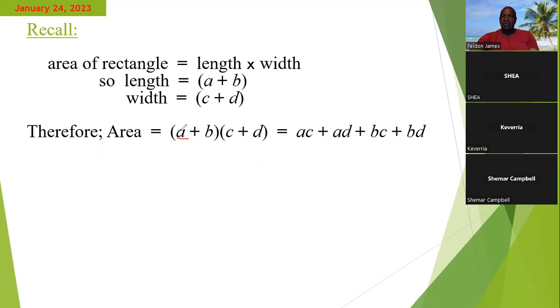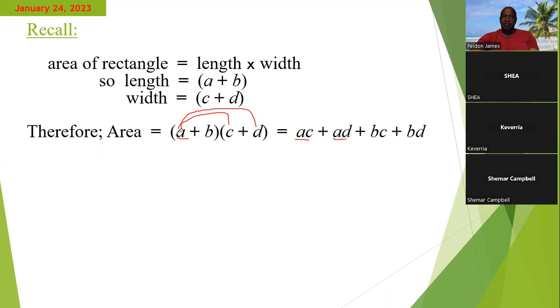So we're taking the A and we're using it to multiply the second bracket. So treating it as though the A was a single term outside the bracket, we would have A times C plus A times D. All right, so A times C simply gives you AC. A times D will give you AD.